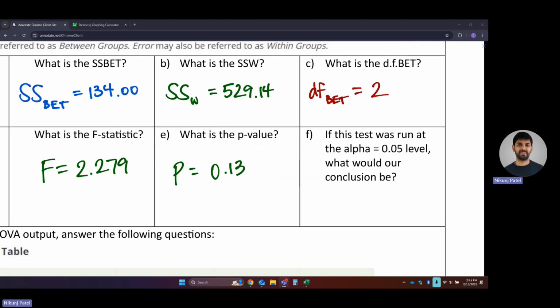The last part says if we test at an alpha equals 0.05 level, what would our conclusion be? We're going to use the same principles we used for the previous chapters of hypothesis testing to compare P and alpha. For this particular part, our alpha is 0.05 and our P is 0.13.